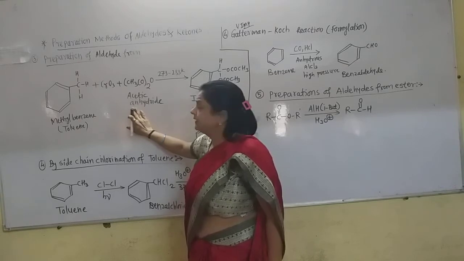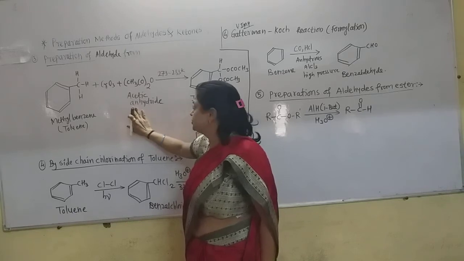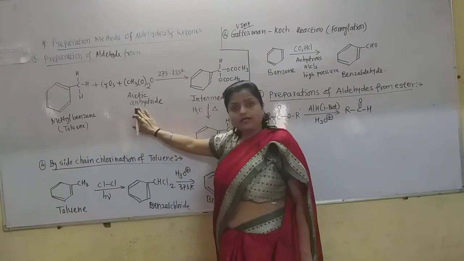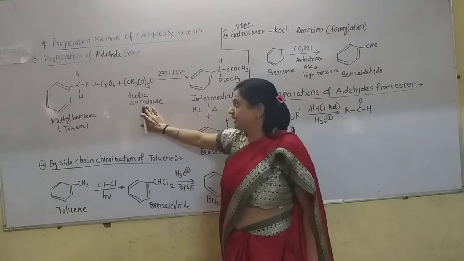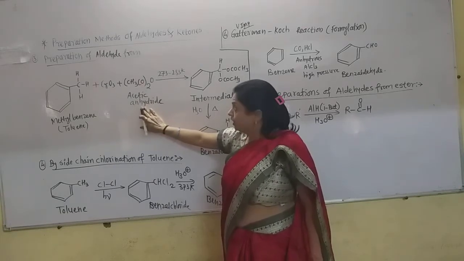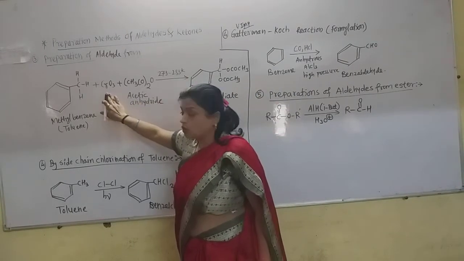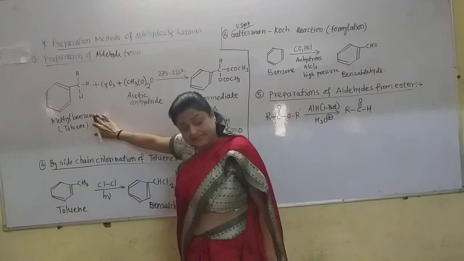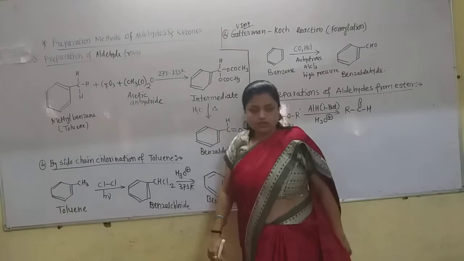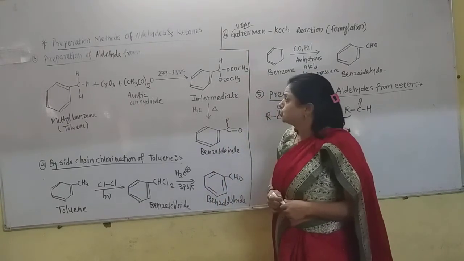Now this acetic anhydride is obtained from the two molecules of the carboxylic acid by removal of water molecule. We know how these acetic anhydrides are obtained. In 11th standard we see how the anhydrides are prepared. Now in the presence of this strong oxidizing agent, chromic oxide, these methyl benzene or toluene give the intermediate first. Here same as that of the last reaction.